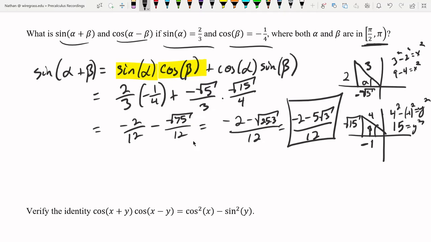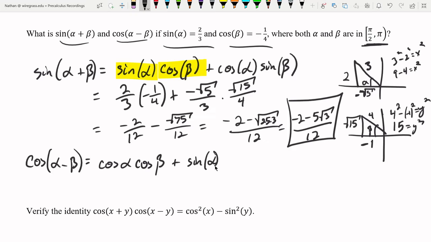Okay, now we look at cosine of alpha minus beta. That's going to be cosine alpha cosine beta plus sine alpha sine beta. Cosine alpha is negative root 5 over 3.